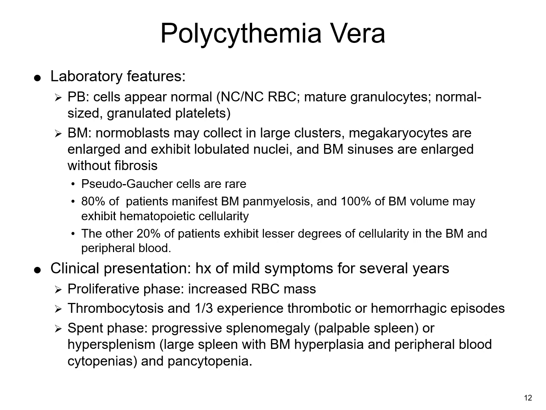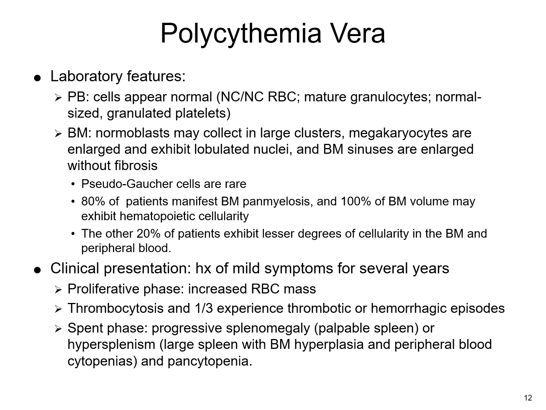A pseudo-Gaucher cell may rarely be present. About 80% of patients will manifest with bone marrow panmyelosis, and 100% of bone marrow volume may actually exhibit hematopoietic cellularity. The other 20% of those patients will exhibit a lesser degree of cellularity in the bone marrow and the peripheral blood.